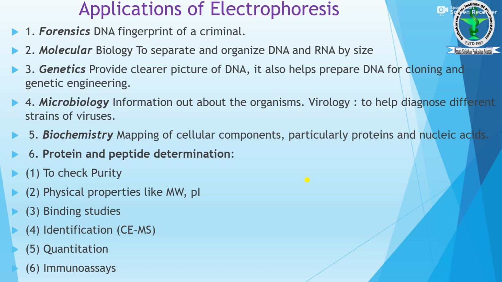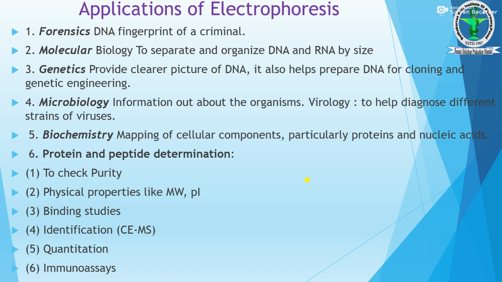In the case of microbiology, information about the organisms. In the case of virology, to help diagnose different strains of virus. In the case of biochemistry, mapping of cellular components, particular proteins and nucleic acids.